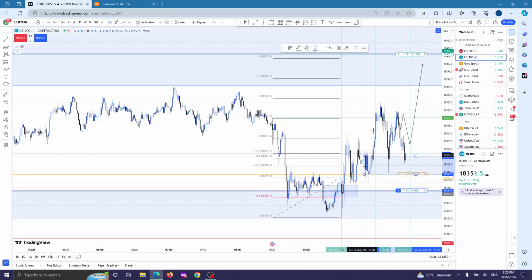It just wants to go to this propulsion discount for 10:30 to push price higher.